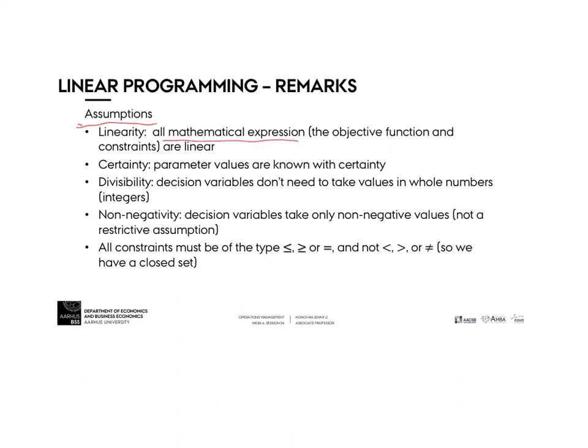All the mathematical expressions are linear, and we deal with certainty problems, so we call them deterministic problems. All the parameter values are known with certainty, and the decision variables do not need to take values in whole numbers. So now we do not consider integer decisions.